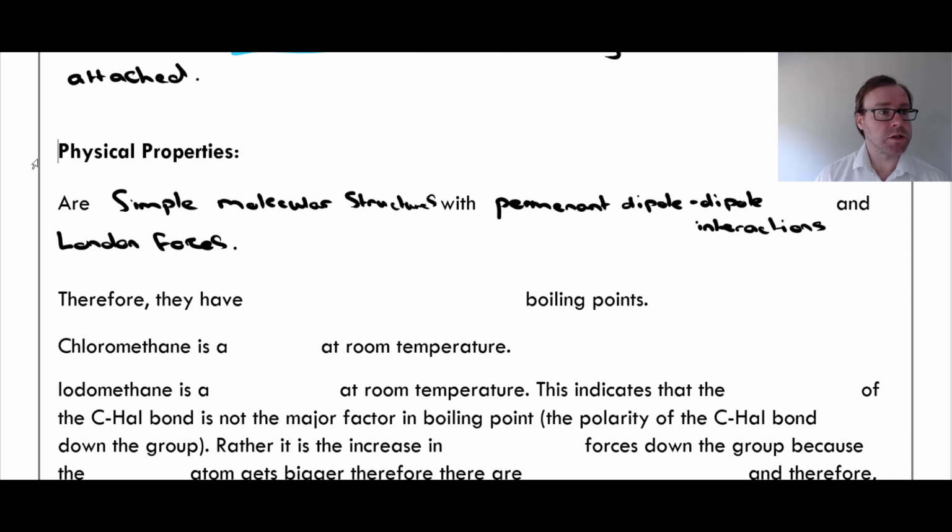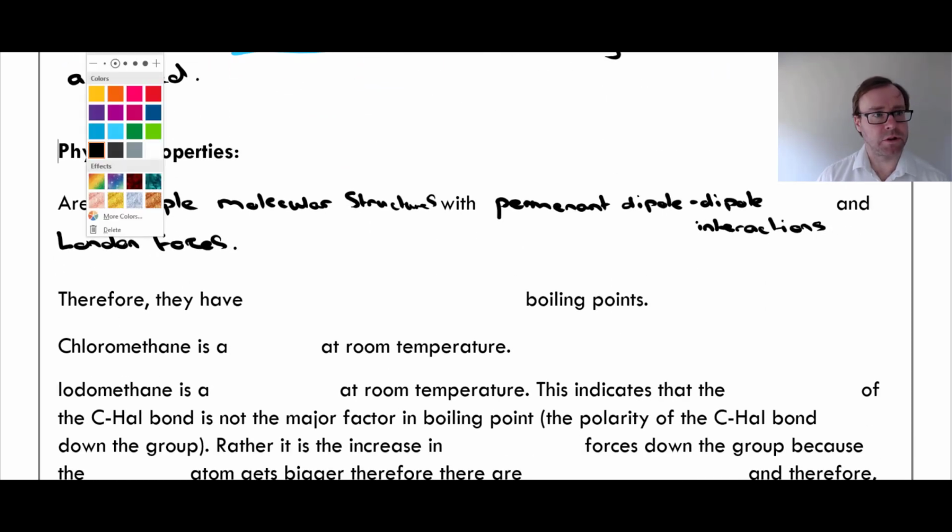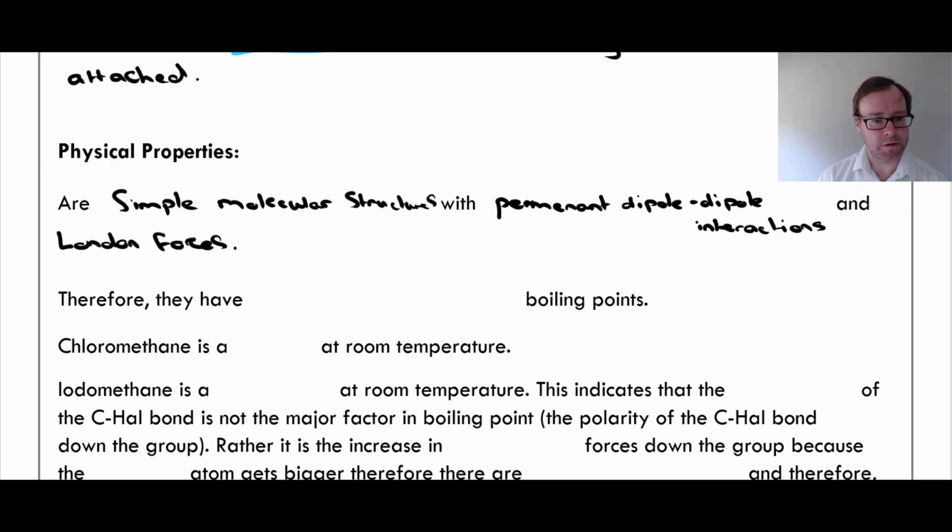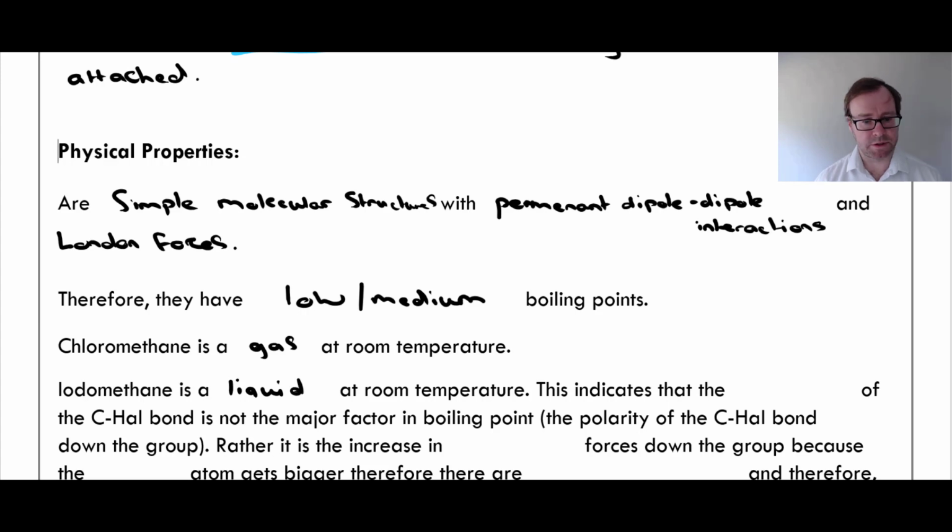In general, therefore, they have low boiling points. You may see it described as medium, but generally they're low. Chloromethane is a gas at room temperature. Iodomethane is a liquid at room temperature.